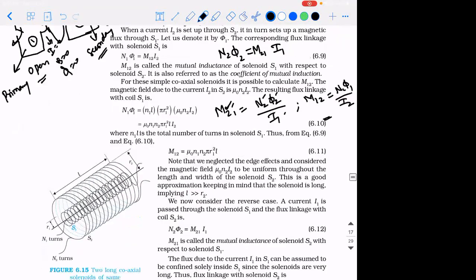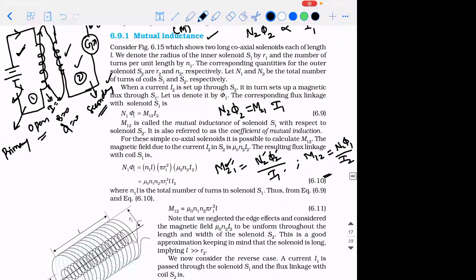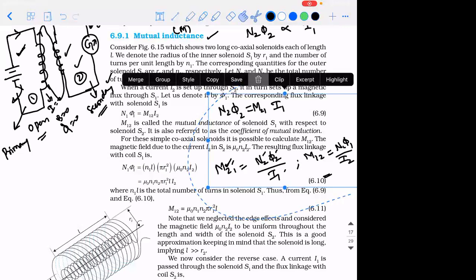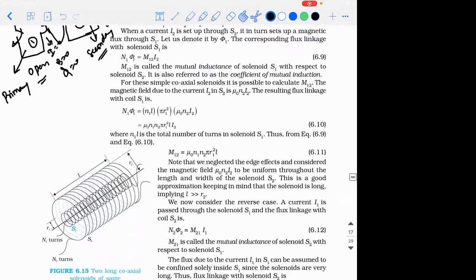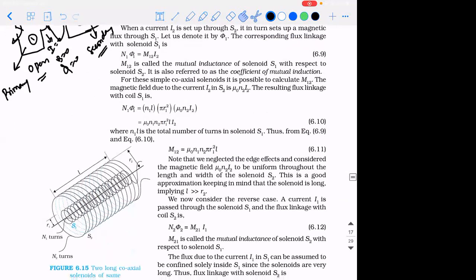Right. Now, in the previous case, we derived the self-inductance of a solenoid. Now we will derive the mutual inductance of two solenoids. An important thing is, we will be considering two solenoids of the same length L. I repeat, two solenoids of the same length L, one with radius of cross section R1 and the other with radius of cross section R2.